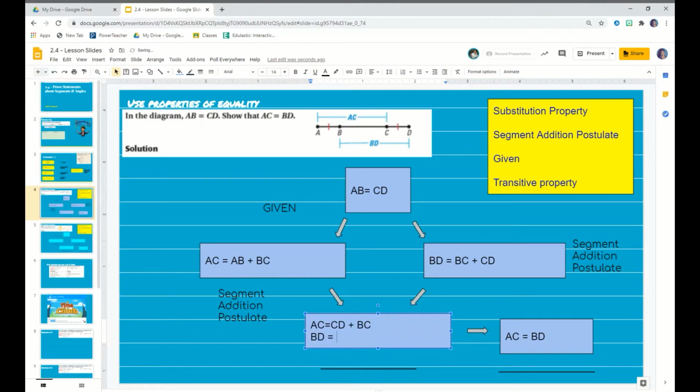So I know I can use the angle addition postulate here. So I'm going to say EBA is equal to angle 2 plus angle 3. Angle addition postulate.